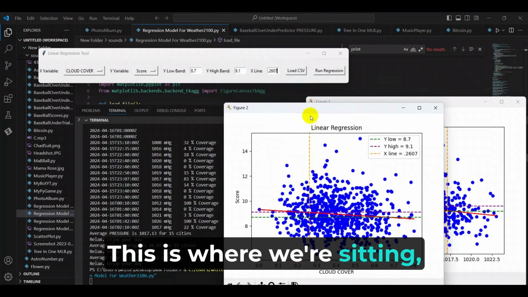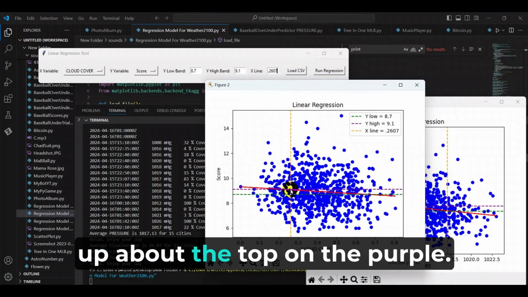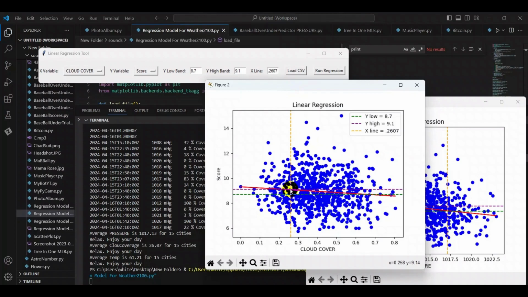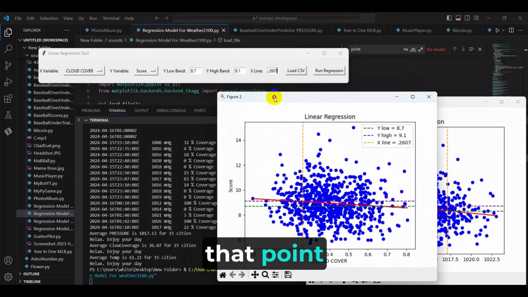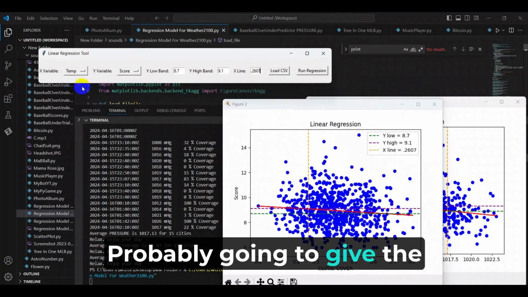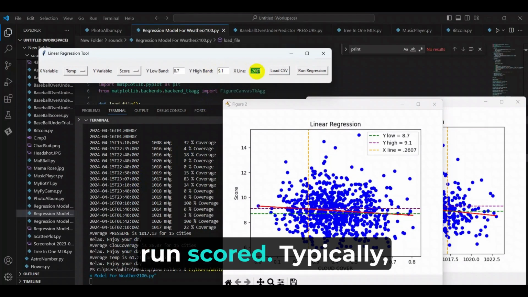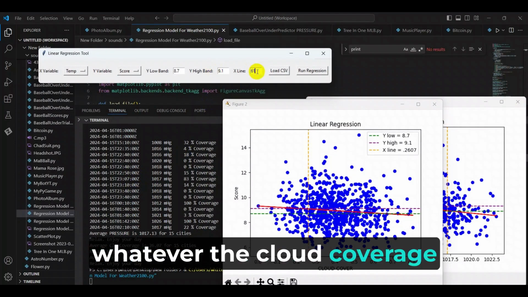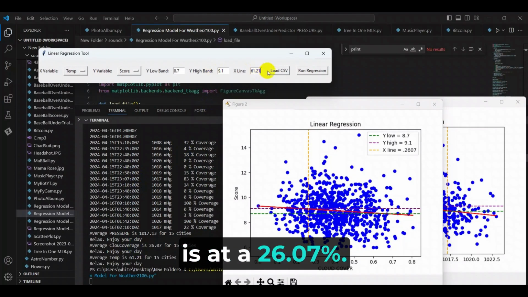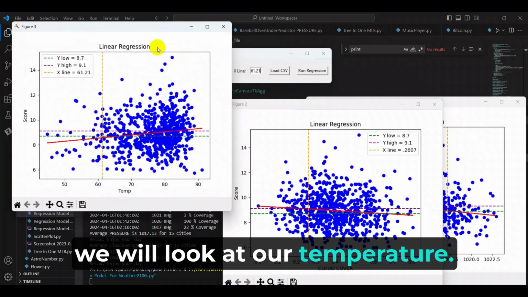This is where we're sitting, and our red and the yellow right up about the top on the purple. Our distribution around that point, pretty similar above and below. Probably going to give the nod to above though, and say that there's more runs scored typically whenever the cloud coverage is at 26.07%.